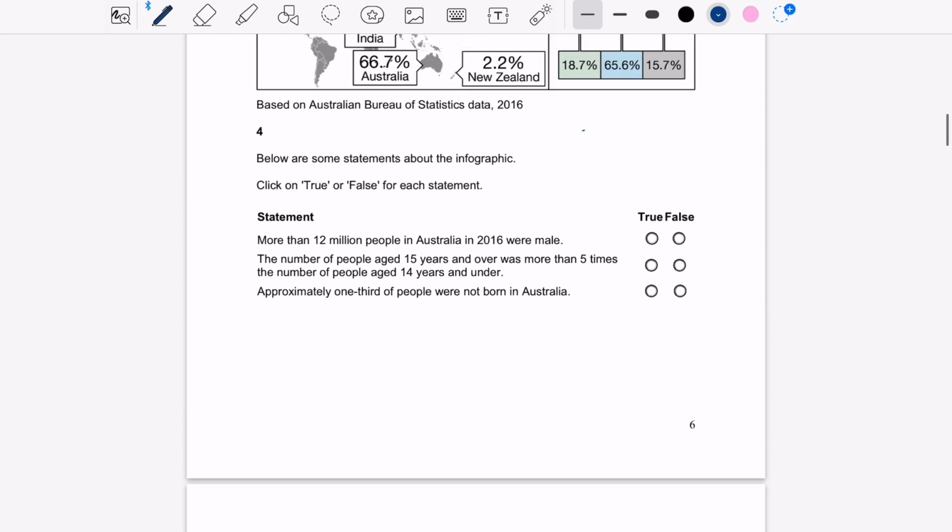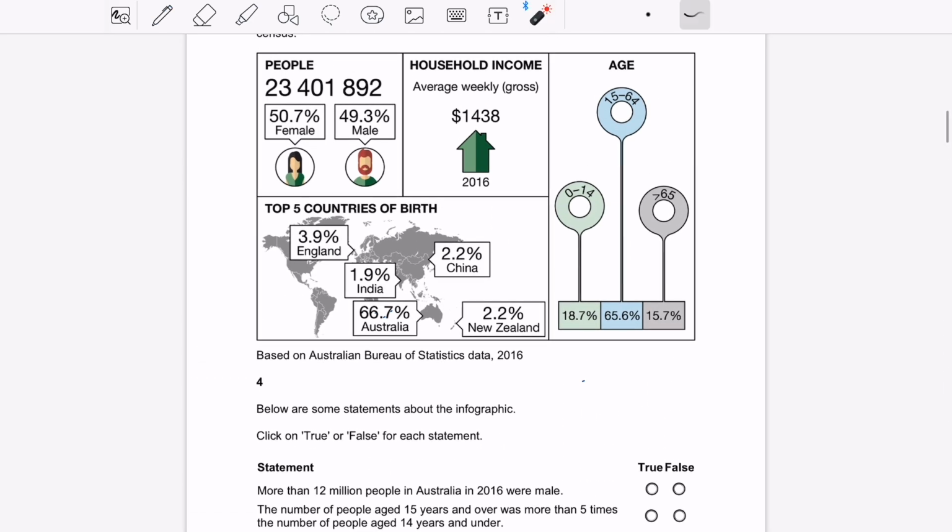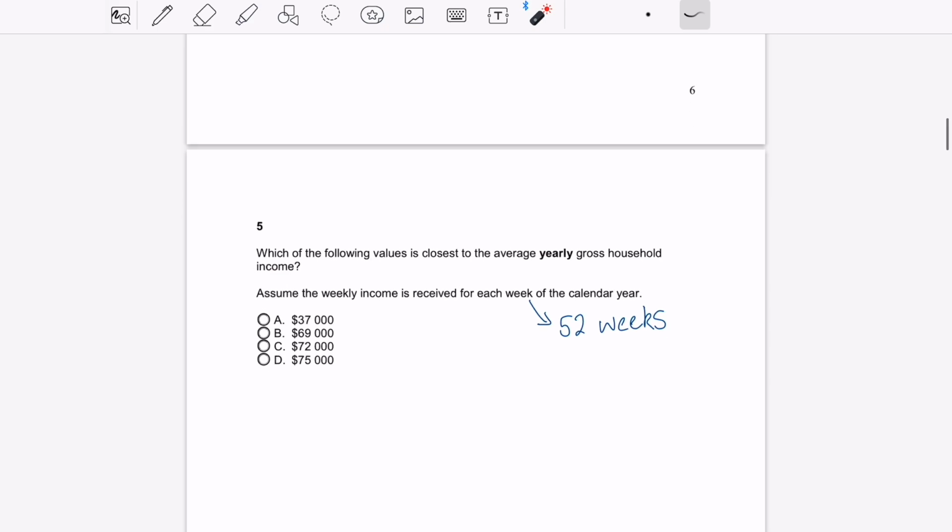So I can see here that the weekly is 1438. Now I need to find the yearly by doing the weekly times 52 weeks.